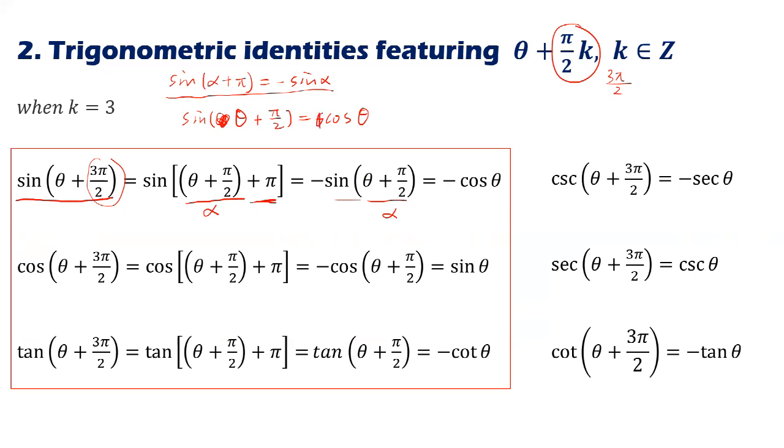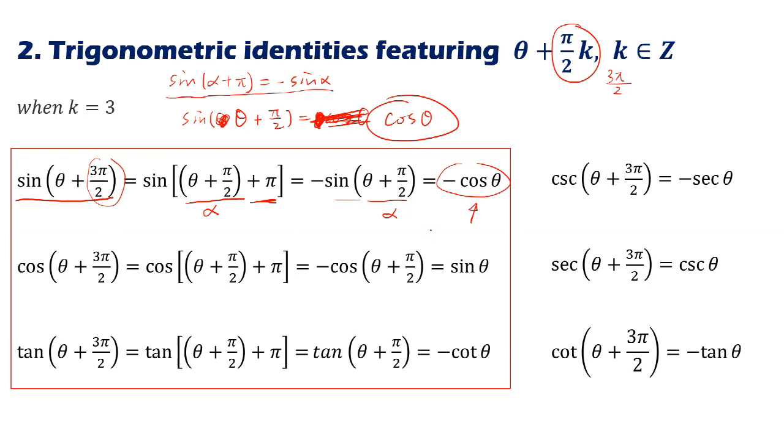Sorry, I made a mistake earlier: sine of theta plus half pi equals cosine theta, not minus cosine theta. So the final result is minus cosine theta. In this way, we have proved that sine of theta plus 3 pi over 2 is minus cosine theta, right?